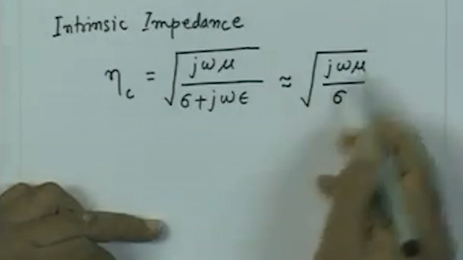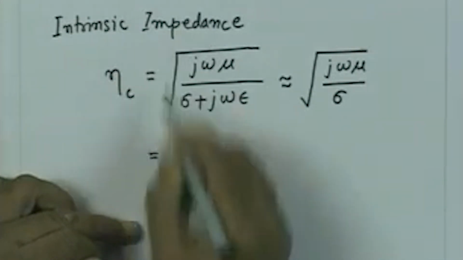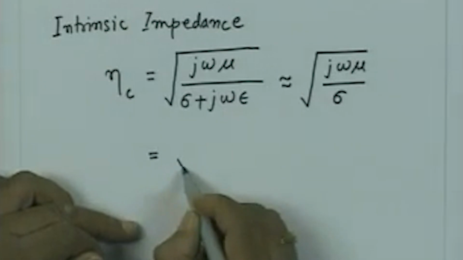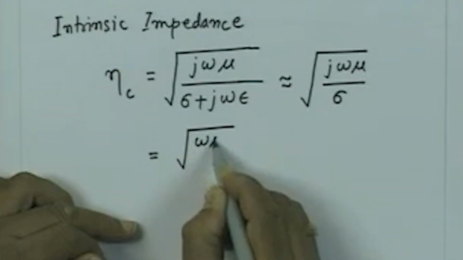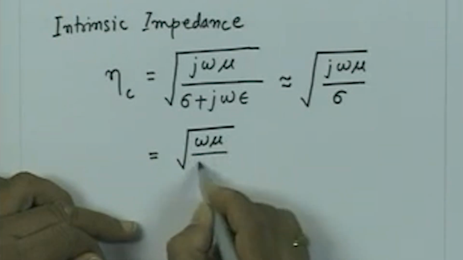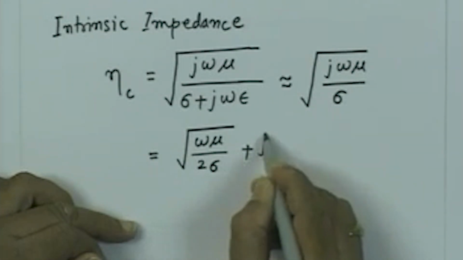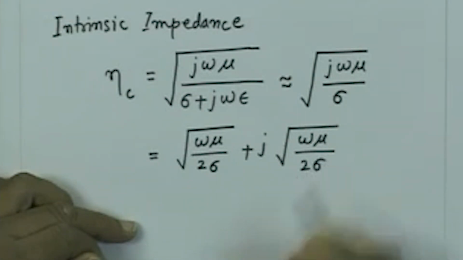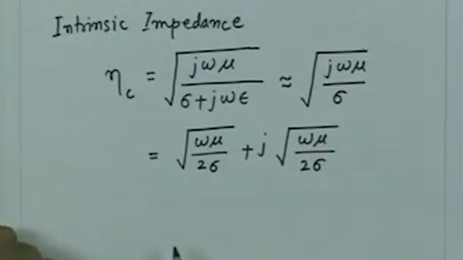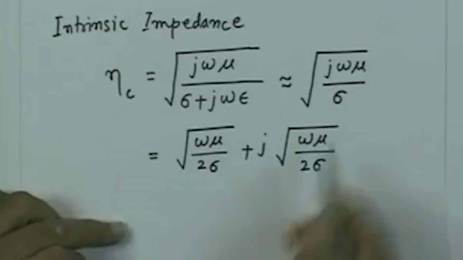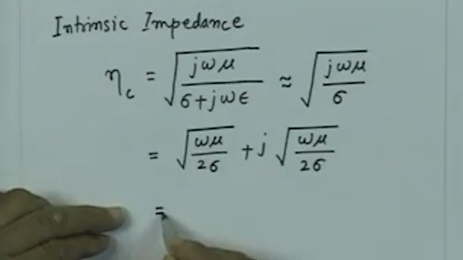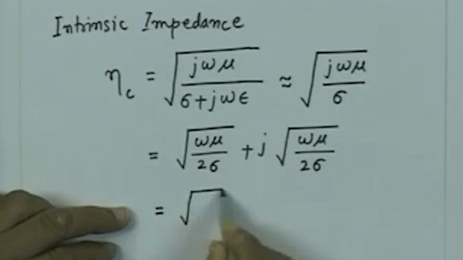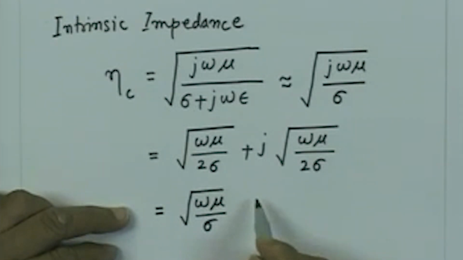Again, if we separate the real and imaginary parts, the intrinsic impedance of the medium will be square root of omega mu upon 2 sigma plus j square root of omega mu upon 2 sigma. Or if we write it in terms of magnitude and phase, this quantity will be the square root of omega mu upon sigma, angle 45 degrees.